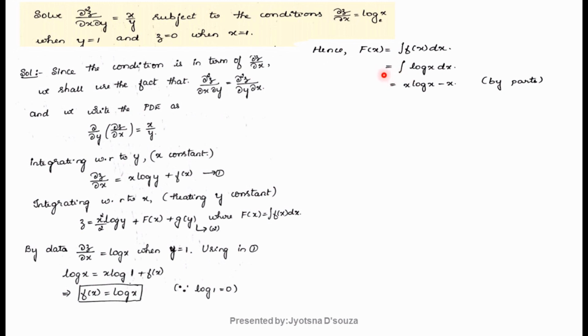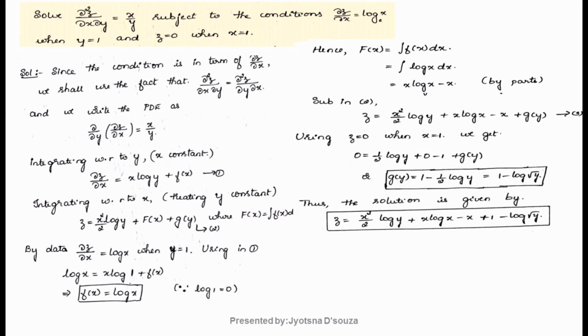One function you have to take as log x, and the other function as 1. So on integrating, you get x log x minus x. So that is your capital F(x) value. Now substitute that in equation 2. So we get (x²/2) log y plus, in place of capital F(x), now x log x minus x, plus g(y).